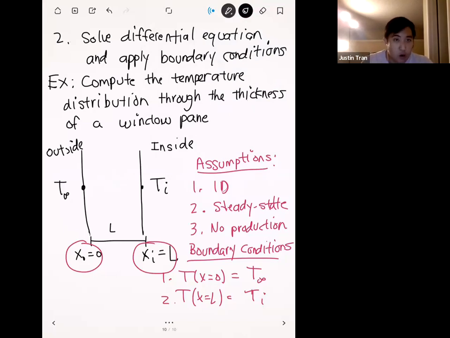Let's go ahead and start. For completeness, let's start with our full heat equation. We'll cancel out terms due to our assumptions, and then we'll solve it.